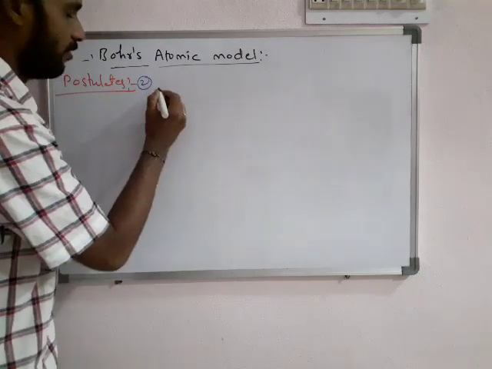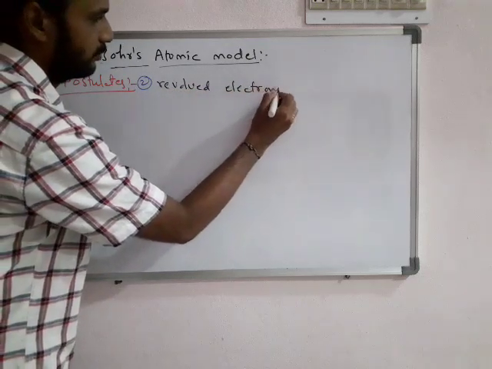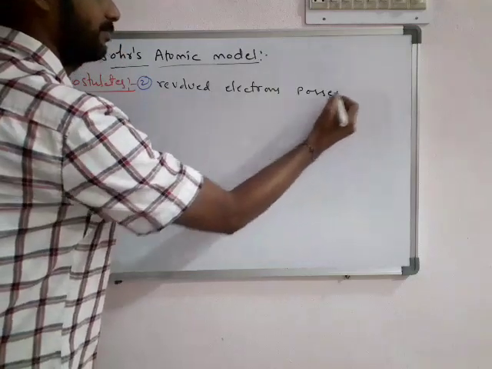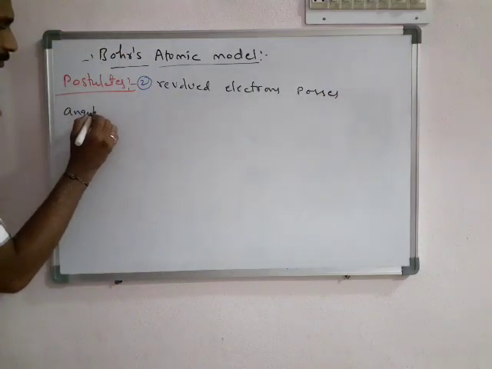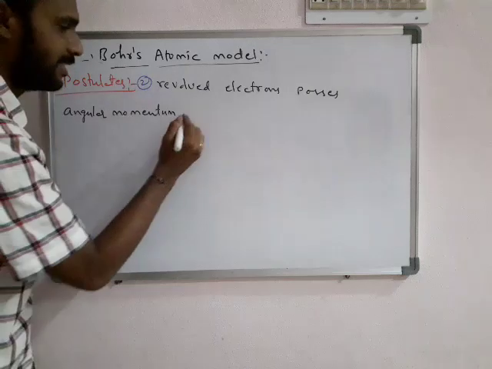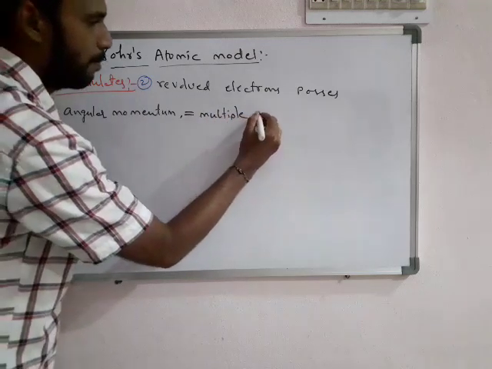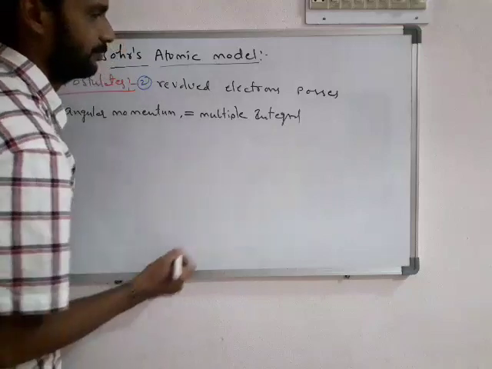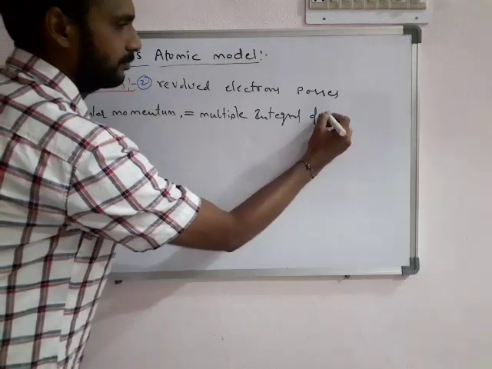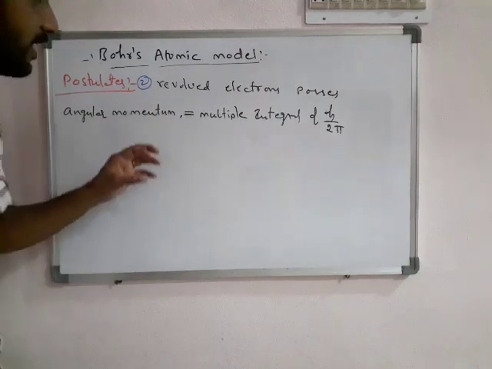But while the electrons are revolving, the electrons possess angular momentum which is equal to an integral multiple of h by 2 pi. We already said that the electron is revolving in a fixed circular orbit.